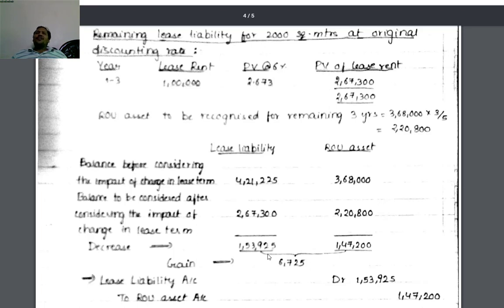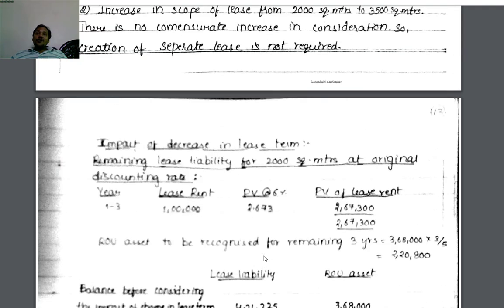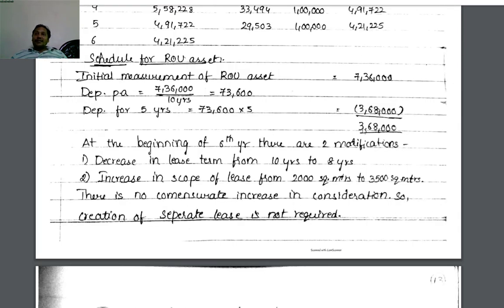Now ROI we need not worry. Here time value of money impact is not there. ROU balance, 3,68,000 we found. This is a balance for 5 years. Now only for 3 years portion we have to arrive.